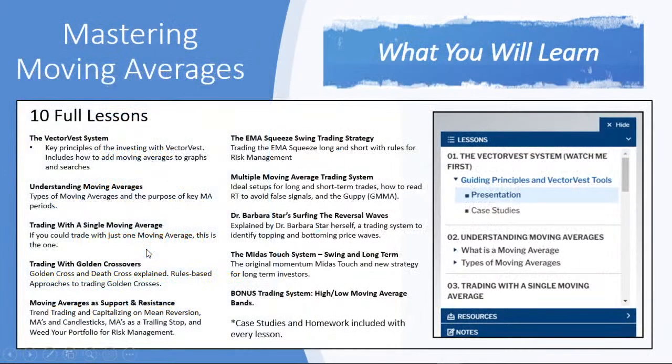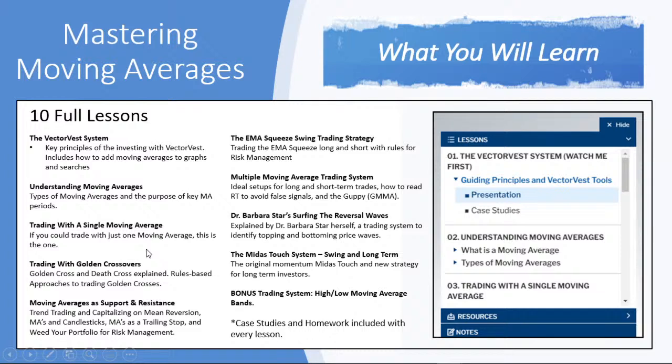Here's what you're going to get: 10 full lessons, covering the VectorVest system, understanding moving averages, trading with a single moving average, and so on. You're also going to get case studies and homework assignments with every lesson, and that's what the mastery sessions are really for: to help us review the contents of each lesson.